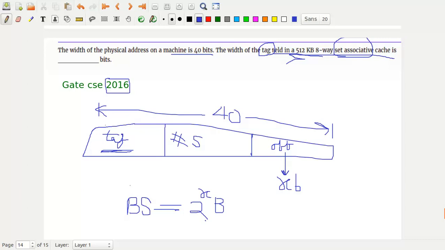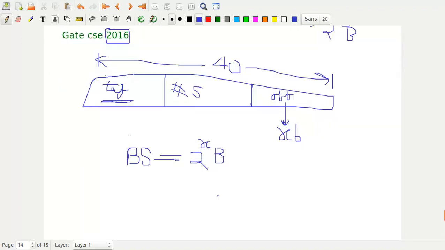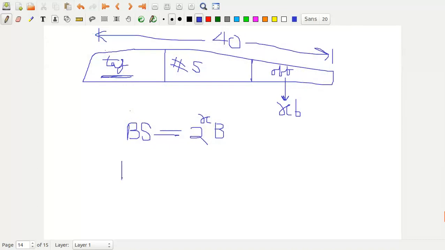If block size is 2 power x bytes and size of cache is 512 KB, 512 KB is nothing but 2 power 19 bytes. So size of cache is 2 power 19 bytes and one block size is 2 power x bytes. Then we can find number of blocks. So number of blocks in the cache will be size of cache divided by block size.